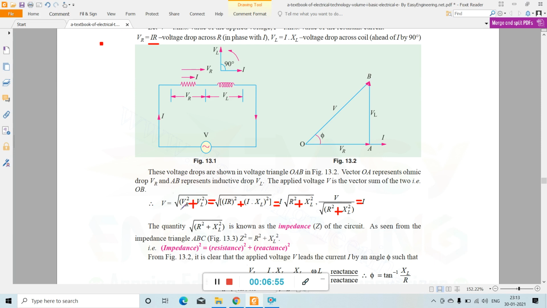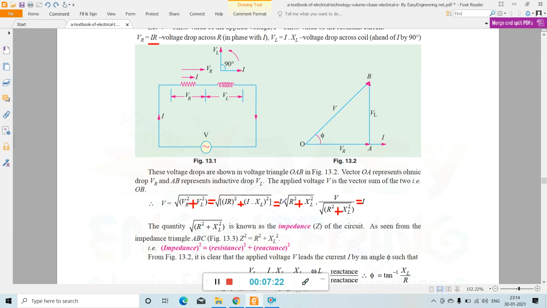Given here, V is equal to the square root of VR square plus VL square. This is from this triangle because it is a right angle triangle. So V is equal to the square root of VR square plus VL square. In place of VR we can write IR, and VL is I into XL.